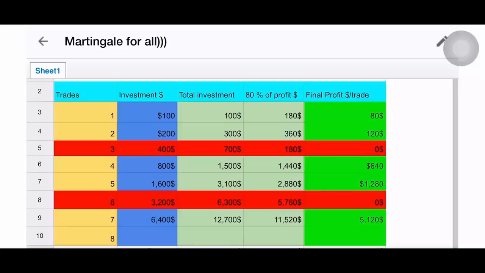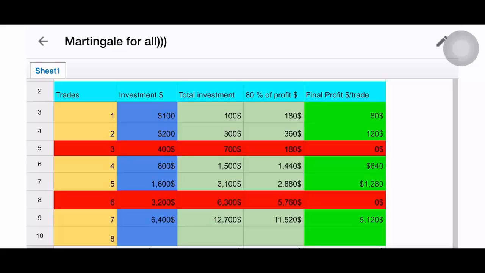In that case, I am recovering my previous loss of 400 and also making a profit of $240 on top of that. So this is how it works. You guys can see the simple calculation, except where I made 120 and the other one. It's okay. I think you guys can understand it. It's not a big deal.